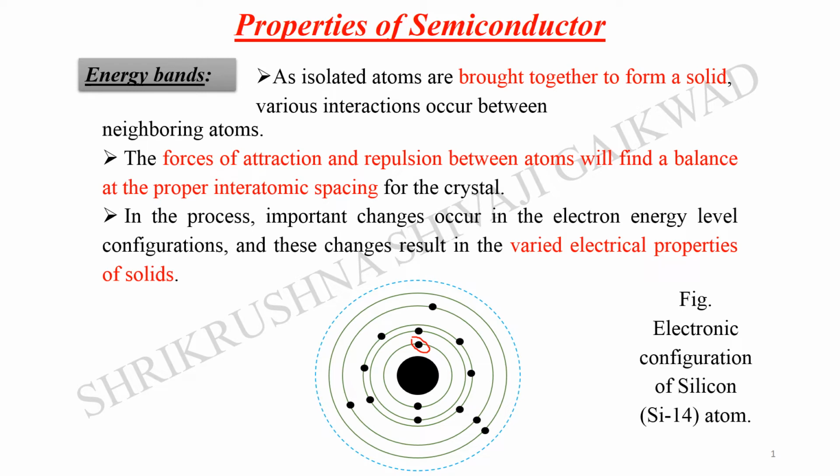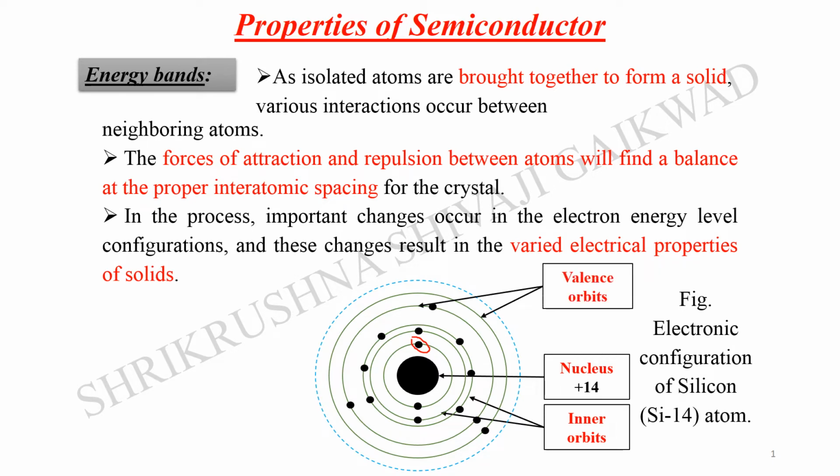Now you can see the inner core is the nucleus containing the positive charge, plus 14 in case of silicon. The orbitals near the nucleus are called inner orbitals. The outermost orbitals are called valence orbitals.